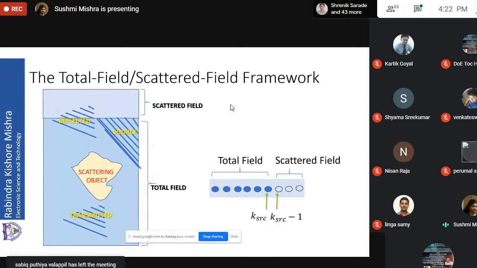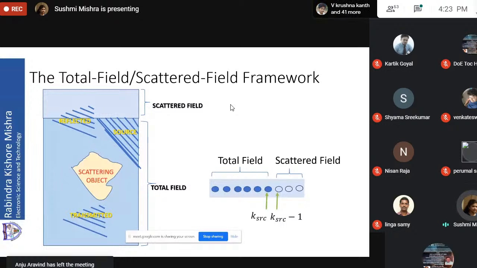Between the source and the scattering object, in this zone, you can have scattered field and reflected field, so that is total field, and beyond the object you will have transmitted field. So these are three typical zones that we are required to handle in our FDTD coding.